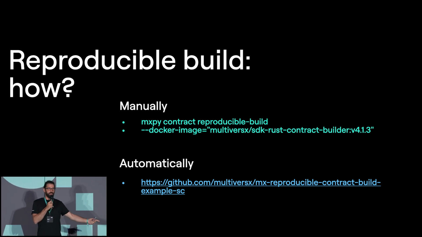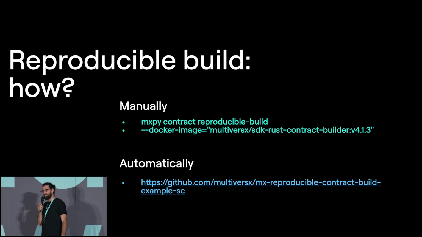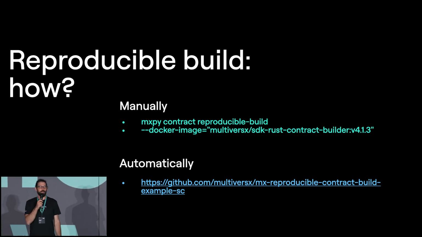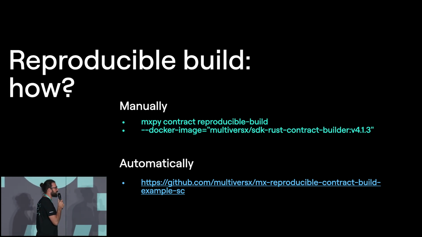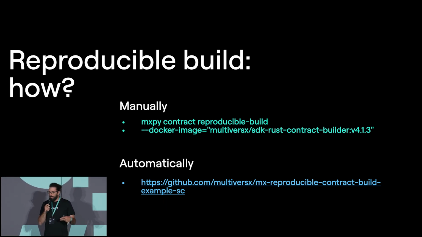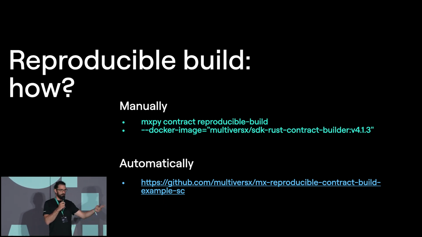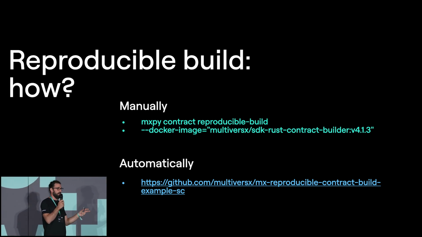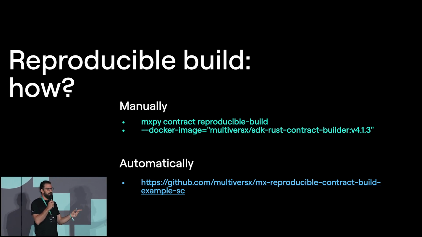But if I'm building it on another machine, or on different paths on my machine, it might give me a different WASM binary. And this is not good when you want reproducible builds. So to solve this problem, we've created a Docker image that builds any contract you give it in the same environment. In this stable environment of the Docker image, we always get a reproducible build.